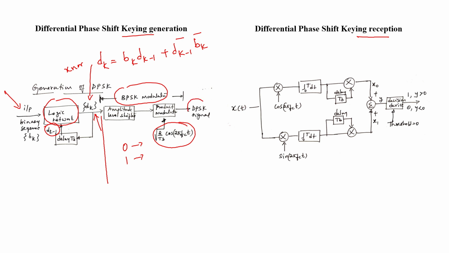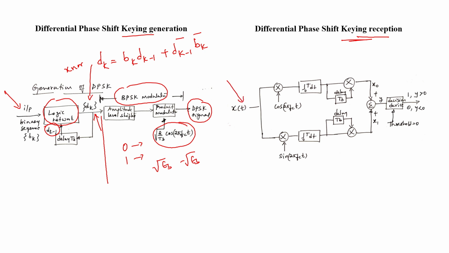Since the DPSK scheme is used, the amplitude level shifter will produce square root of Eb or minus square root of Eb, positive or negative amplitude, which is multiplied with the cos signal.